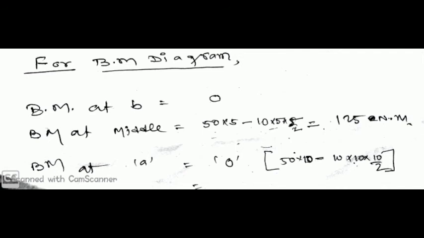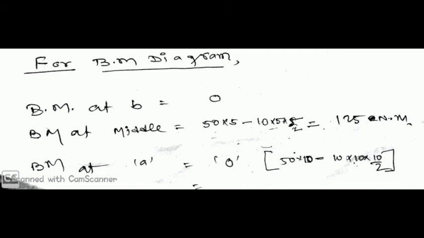Similarly, what is the BM at A? Already I have told you the BM at the fixed point is equal to 0. Let me also calculate the BM at A. It is 50 Newton upward, total distance 10, that means 50 into 10.